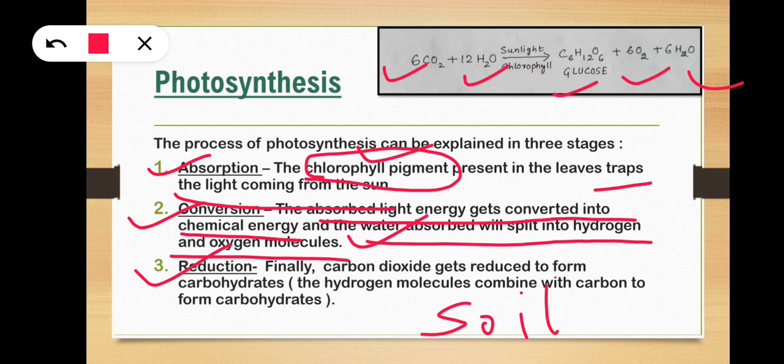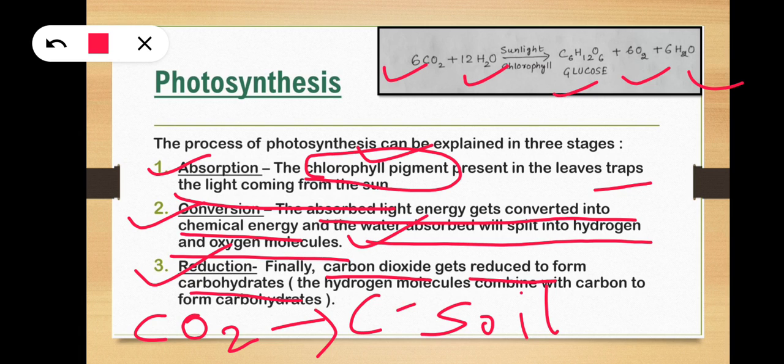Now the final stage is the reduction stage. Why is this stage called the reduction stage? Because in this stage, carbon dioxide gets reduced to form carbohydrates. Why is this reaction called a reduction reaction? Because here carbon dioxide, CO2, gets reduced to carbon.